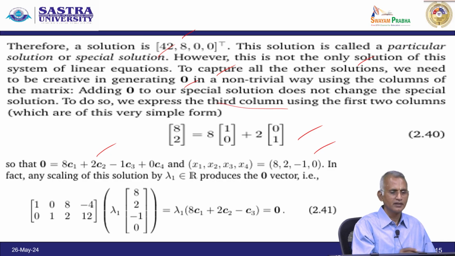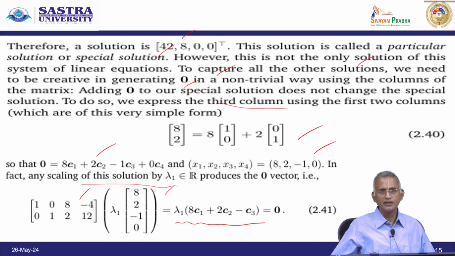In fact, any scaling of this solution, lambda in R, is a solution of the homogeneous system of linear equations, which can be written as lambda times this, equal to lambda 1 into (8C1 plus 2C2 minus C3) equal to 0. So, this way we can express the system of linear equations.